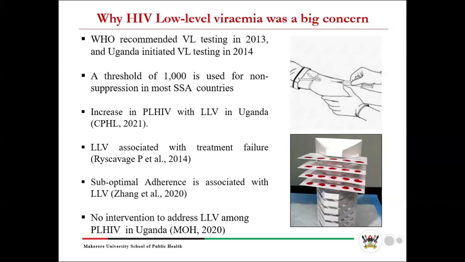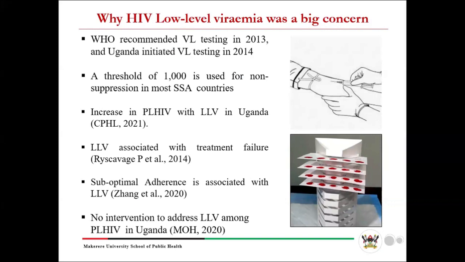Between 2014 and 2015, a number of sub-Saharan African countries initiated viral testing as a program. And a threshold of 1,000 copies per mil has been recommended for non-suppression in most of the sub-Saharan African countries.